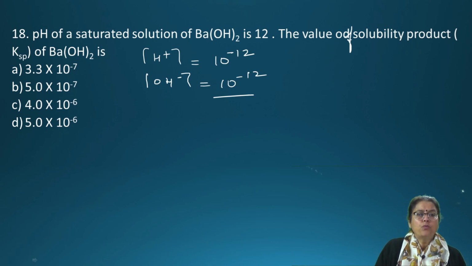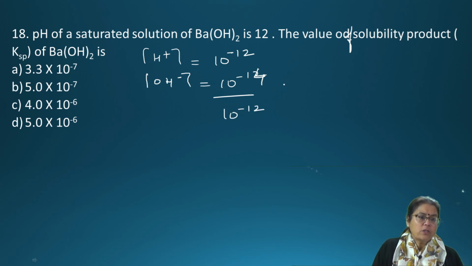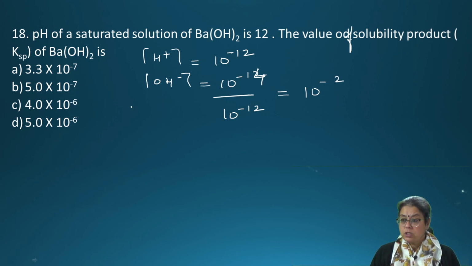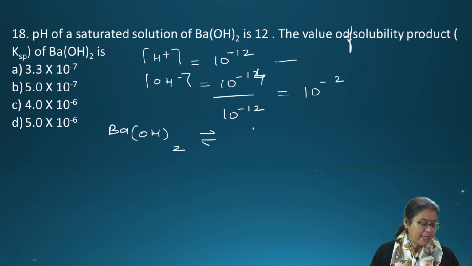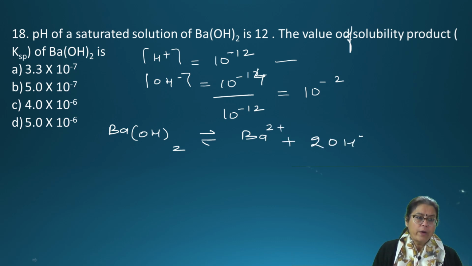अच्छा KW इसमें आपको pH is 10 है ना. ओके. सो आपके पास ये आ जाएगा 10 raised to power -14 upon 10 raised to power -12. ठीक. which is equal to 10 raised to power -2. Concentration of H positive into concentration of OH negative that is 10 raised to power -14. तो concentration of H positive जो है वो 10 raised to power -12 आपको दे रखा है. अब लेट्स सी बेरियम हाइड्रोक्साइड किस तरह से डिसोसिएट करता है. दैट इज डिसोसिएटिंग एज Ba2+ plus 2OH negative.